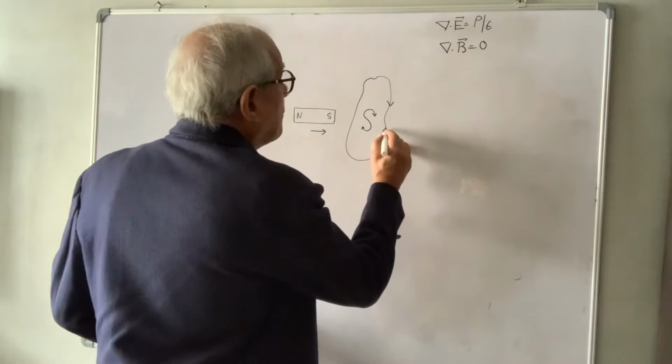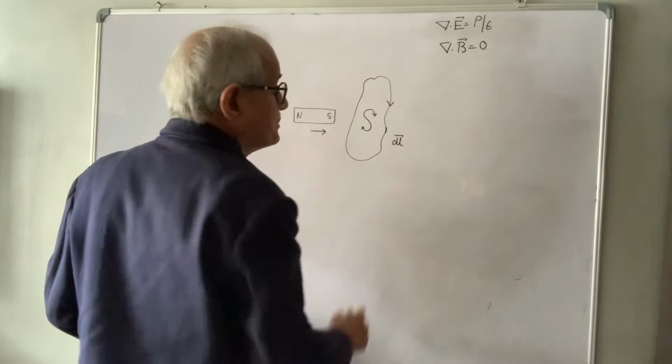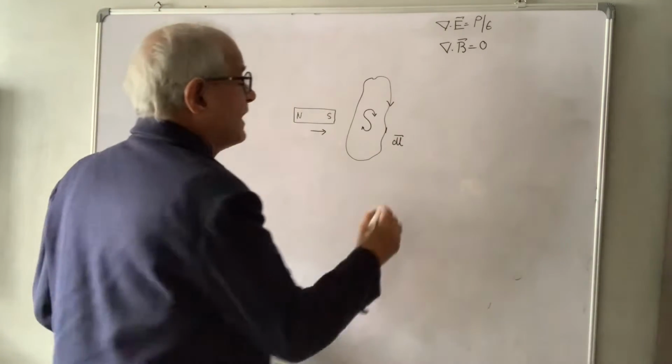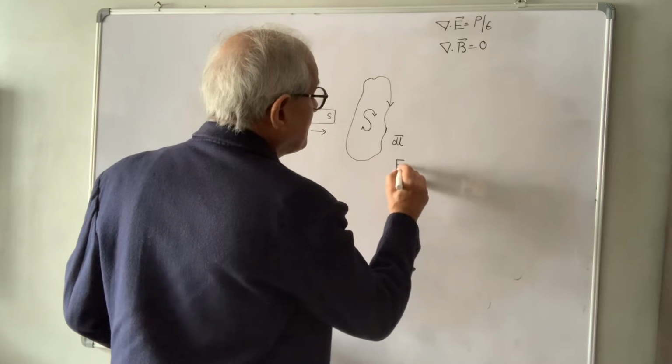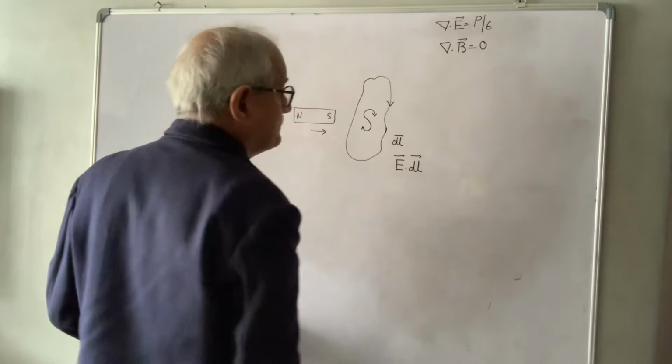We consider a small elementary length dl. This is again a vector. The electromotive force linked with this elementary length is E dot dl.